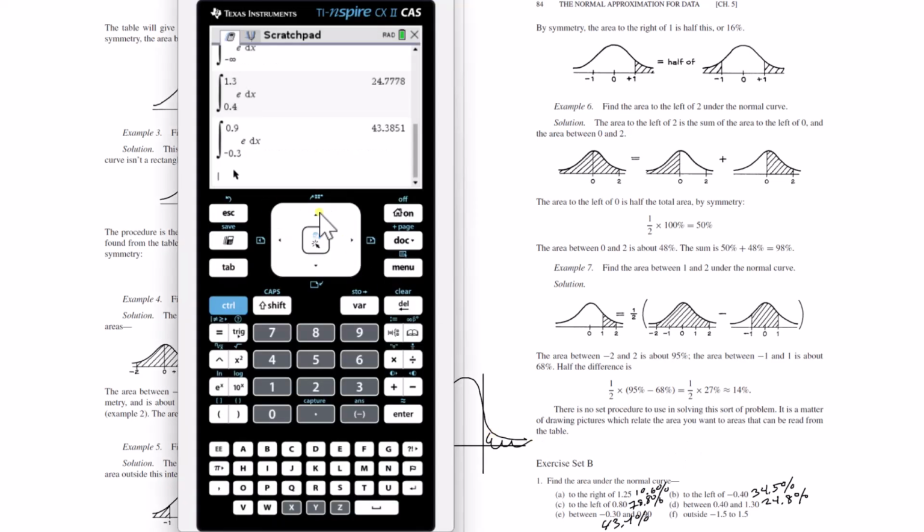Well, you would do minus 1.5 to negative infinity, and then 1.5 to infinity, and then just add those two.